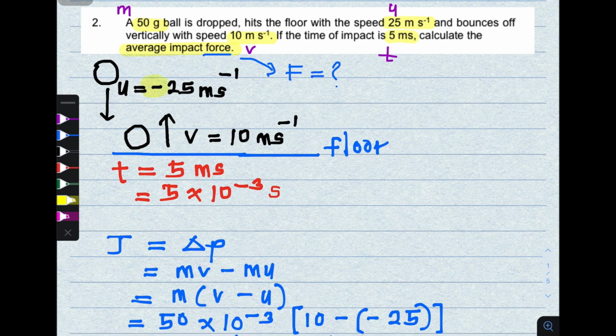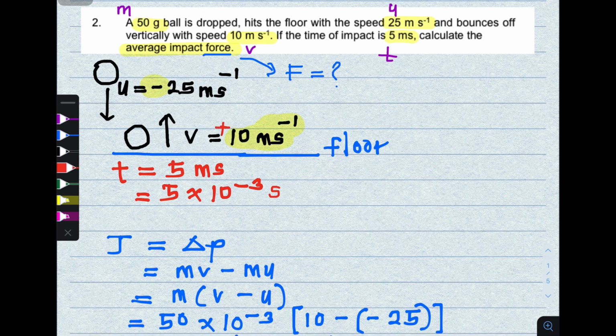So you need to put negative here. When the ball reaches the floor, it will bounce back with the speed of 10 meter per second. For the final speed here, I will take it as a positive value because the ball will move upward.